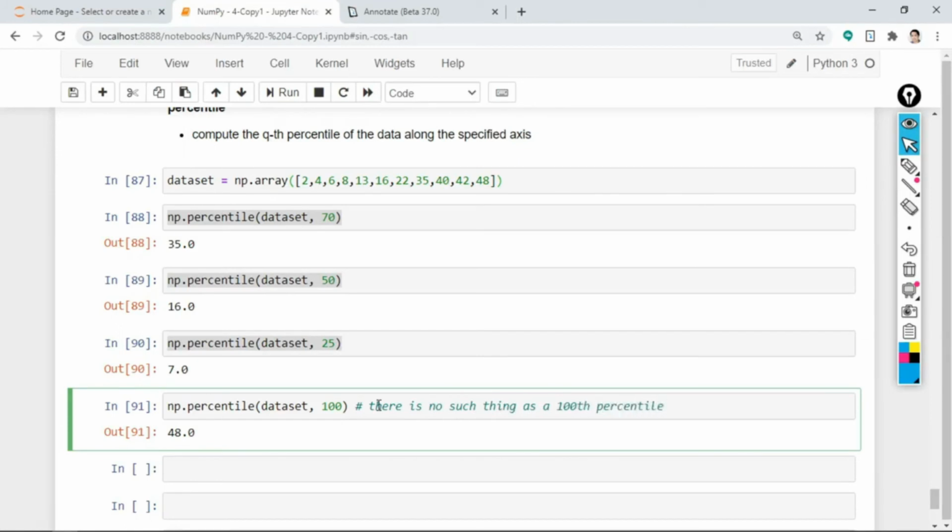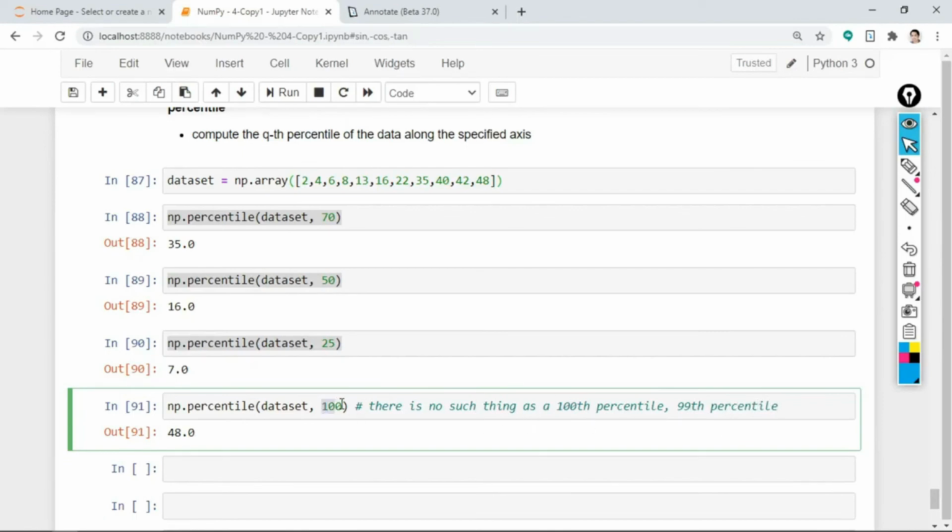So why? If you score 48, although if you perfected the exam, for example, you cannot be higher than yourself. So there's technically no such thing as 100 percentile. So what they use is the 99 percentile. Okay, but these are just in theory.